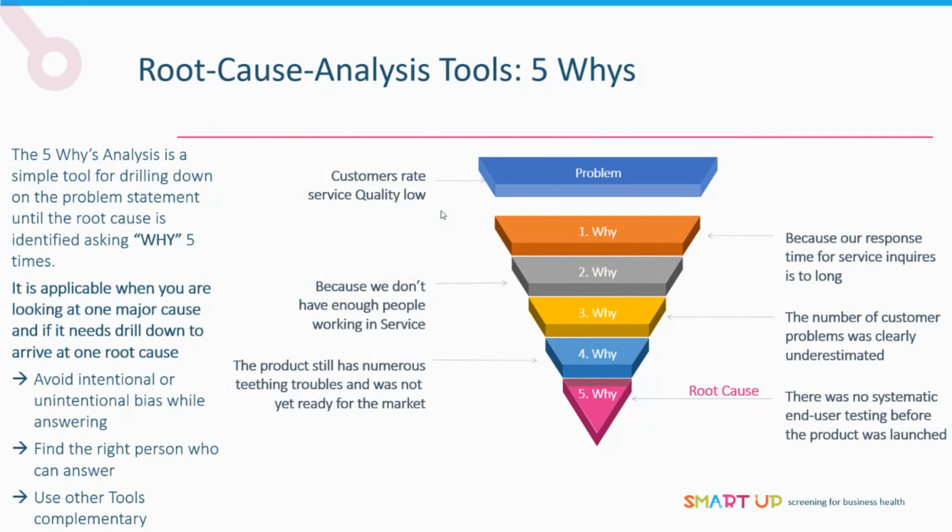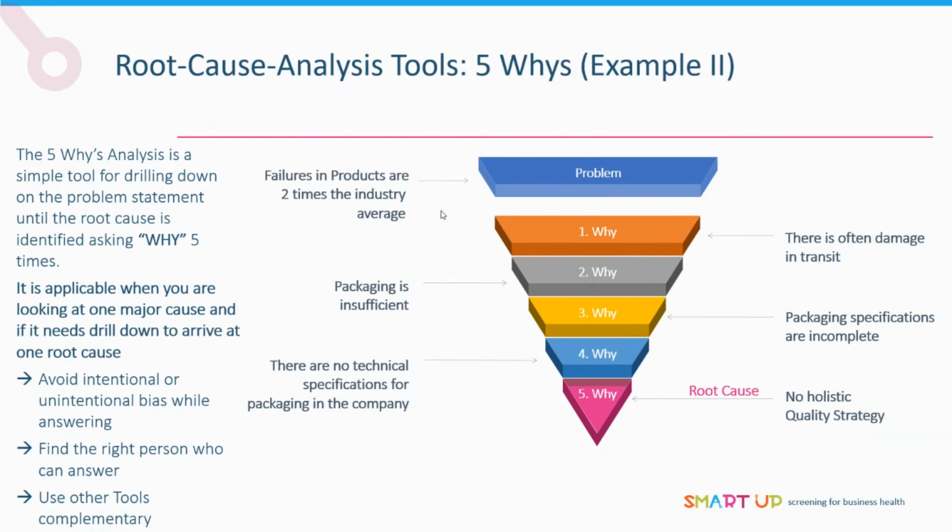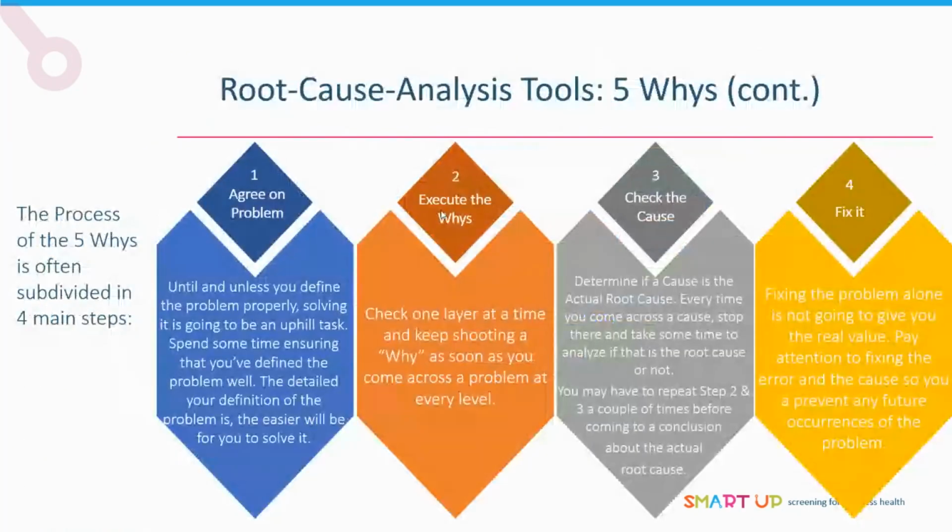When we think of root cause analysis tool, the first and foremost tool is 5 Whys. It allows us to drill down from the problem to a particular root cause. You can use this as the right method for identifying your root cause. This root cause analysis can be applied to any problem, if you are able to drill down to the final why. You can represent root cause analysis using the fishbone diagram.